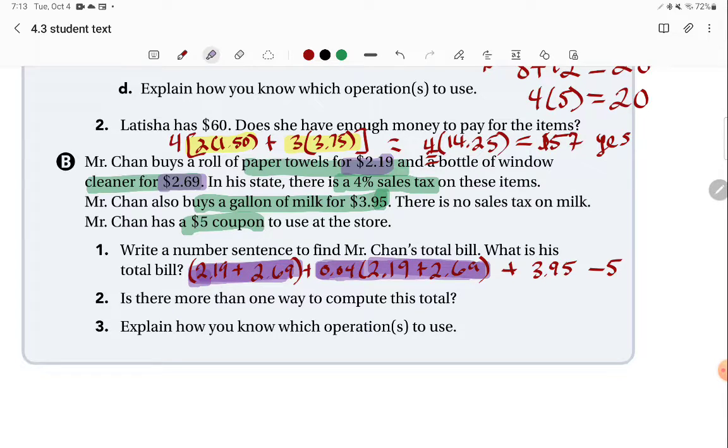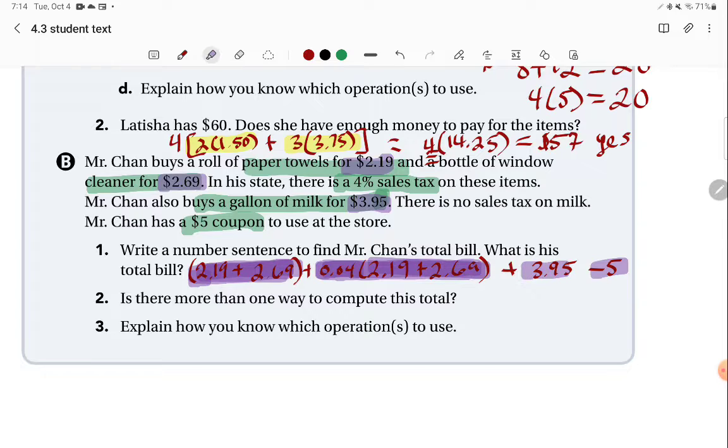All right, so you have the paper towels and cleaner plus the sales tax. And then the $3.95 was the milk. There's no sales tax. It's straight up $3.95. And then minus 5, that's the coupon. So there's our number sentence. And then we can use that to simplify and find the amount for his bill.